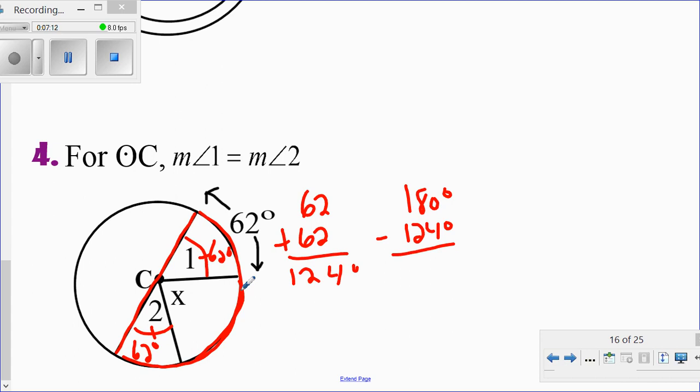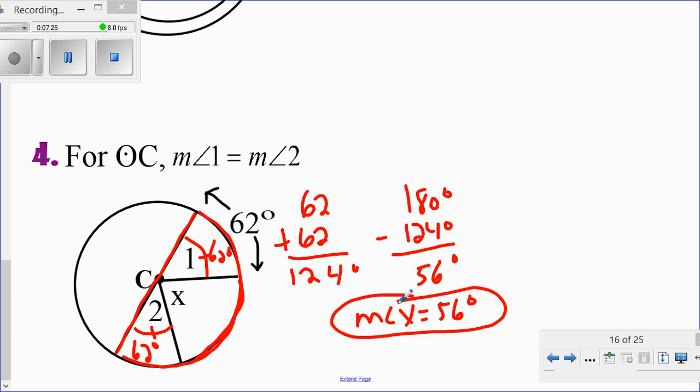That gives me 56 degrees. So the measure of angle x is 56 degrees. And that's how we use the idea of central angles and the intercepted arcs having equal measures.